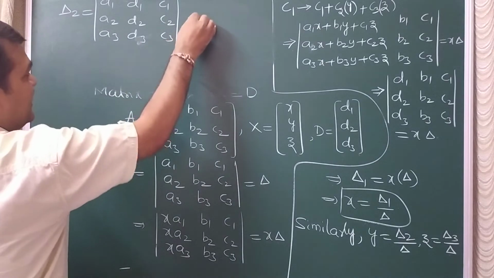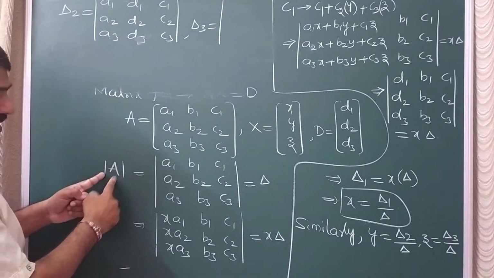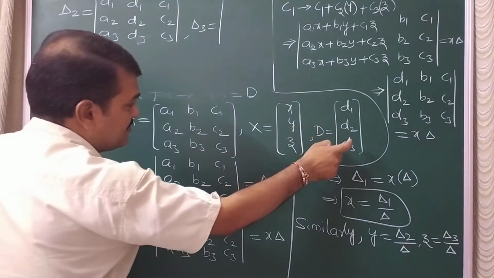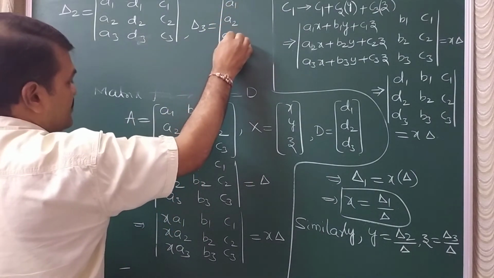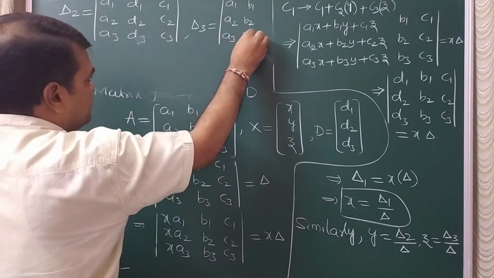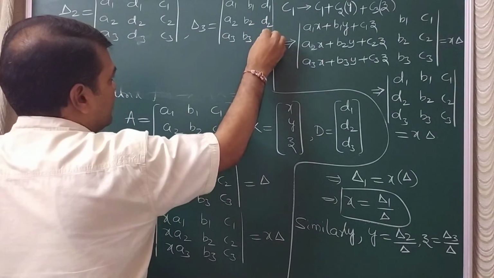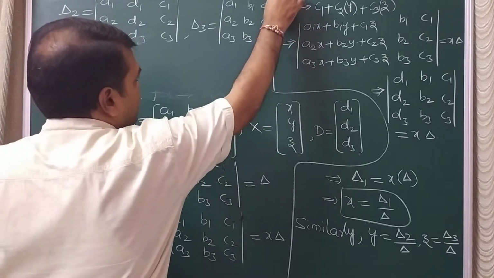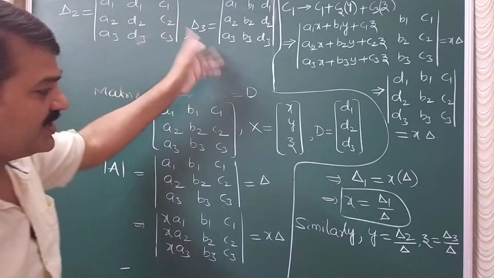Now similarly delta 3 means, see the coefficient matrix, first column, second column keep as it is, the third column will be replaced by the constant matrix. So first column same, second column same, this third column is replaced by the constant matrix. So this is delta 2, delta 3.